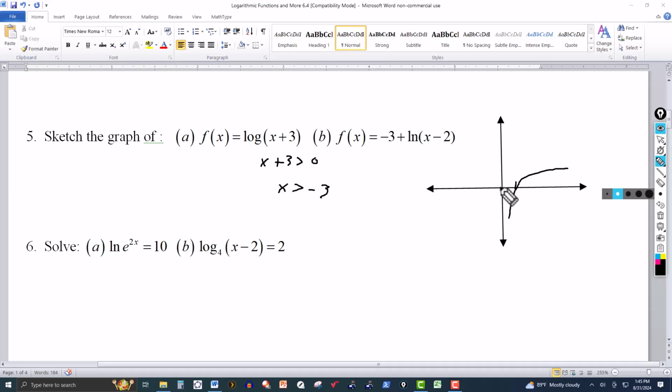There's 1 there, and 2 here, a -1 there, -2 here, and right here at -3, we have a vertical asymptote.